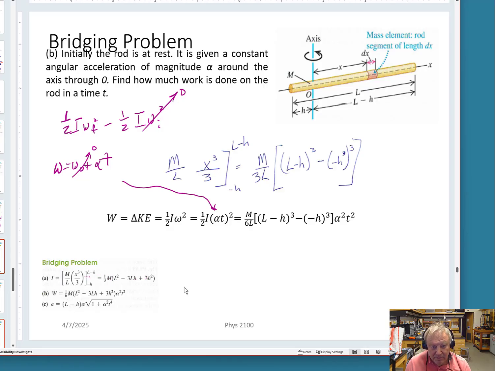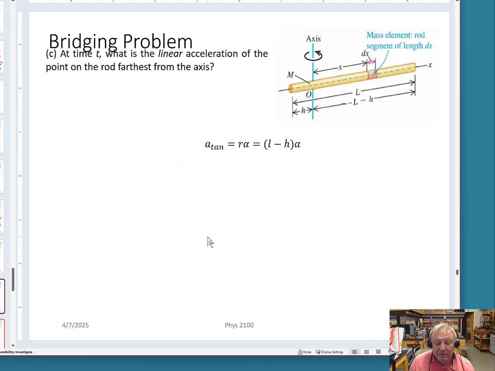Yeah, nobody goes from here to here. That's okay, so what's the last one? C. At time t, what is the linear acceleration of the point on the rod furthest from the axis? So that's way out here. And so that one's easy, the tangential alpha r. L minus h, yeah, is that the form of the answer?